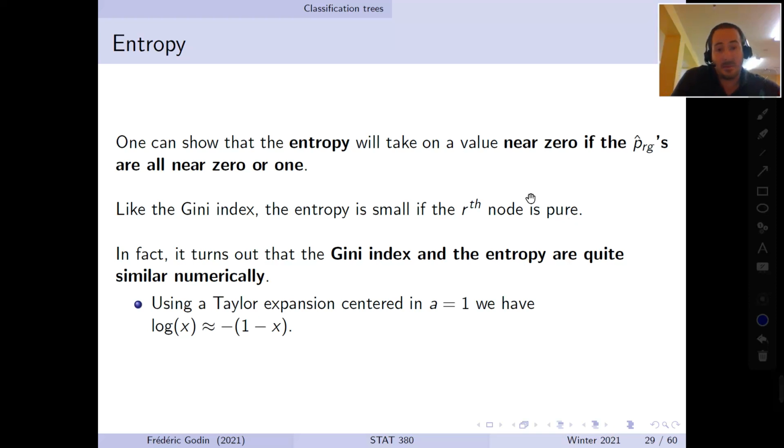Now, in terms of comparing outputs of the Gini index and entropy, often numerically they're pretty similar. It's possible to show that if we use a Taylor expansion centered in 1, log of x can be approximated by minus 1 minus x.